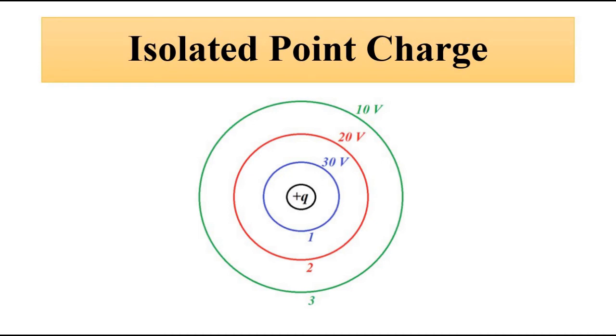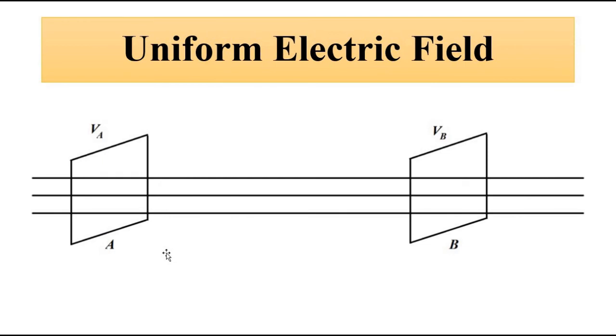Then let's say we consider a uniform electric field. What this means is that the field lines are straight and the gap between the electric field lines is equal. We know that the electric field vector is always normal to the equipotential surface.